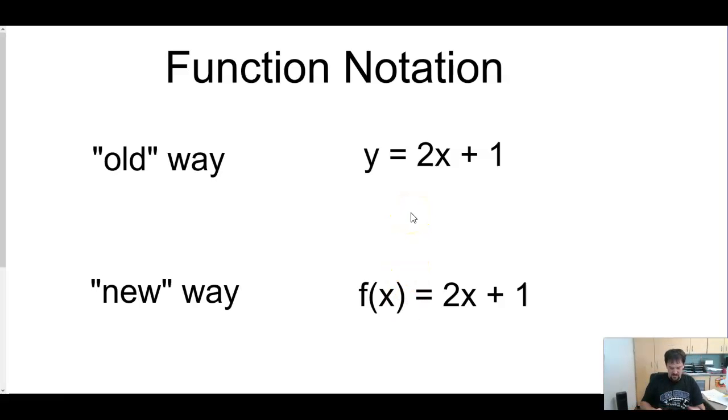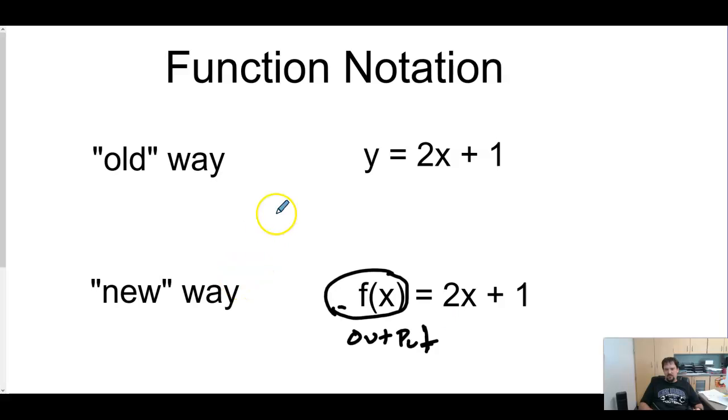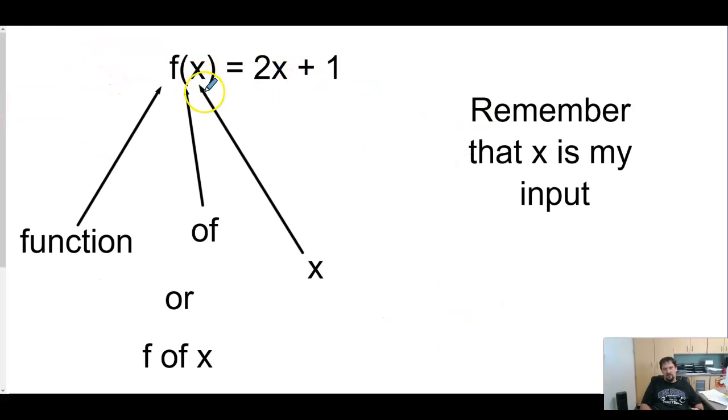In other words, our x is still our input, and then our function of x, this right here, is still going to give me my answer, or my output. That's still going to be my y, or whatever I get once I replace the x with something. Okay, so let's take a look at this a little bit closer.